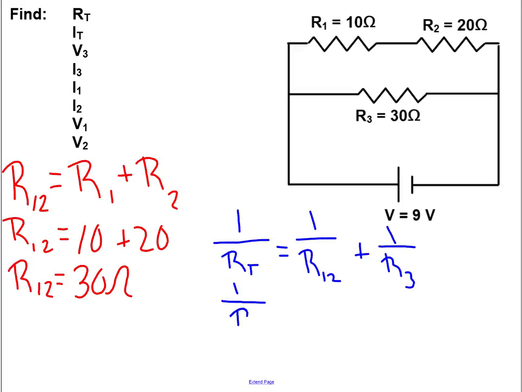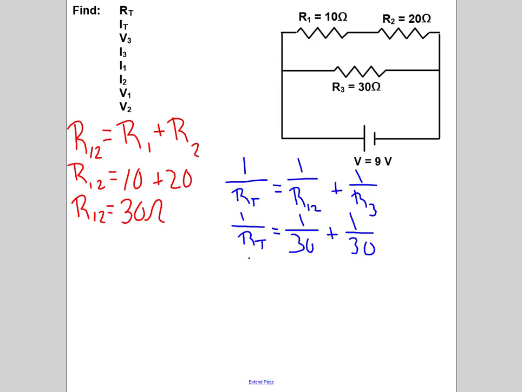So I can substitute in my values and say that 1 over 30 plus 1 over 30 ohms is going to give me my total resistance.